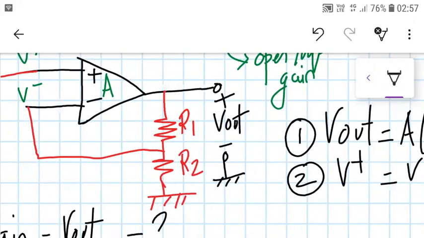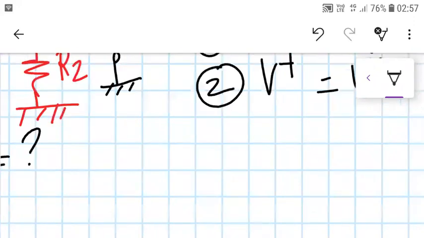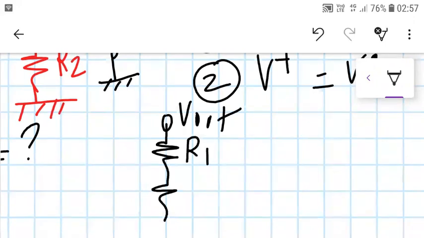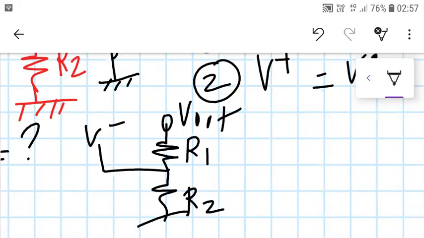R1 and R2 make a voltage divider, where the upper terminal of R1 is V out and the lower terminal of R1 is connected to V minus. Let me show you again. These are my 2 resistors: this is V out, this is R1, this is R2, and this is V minus.